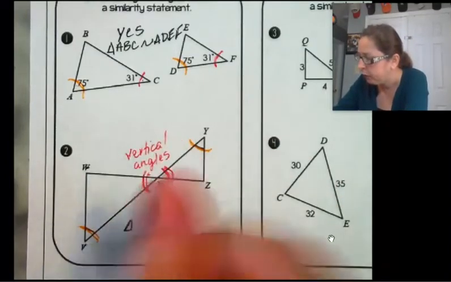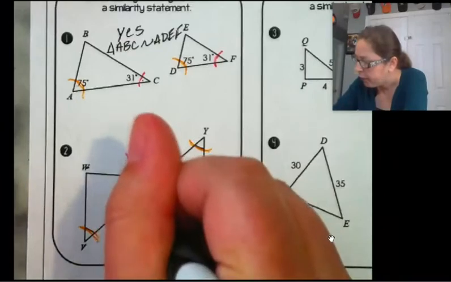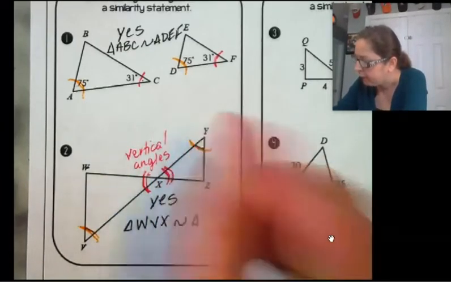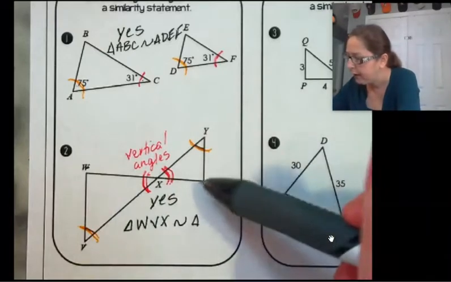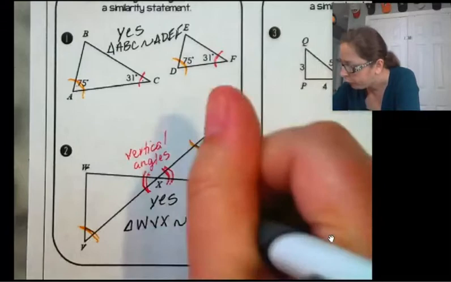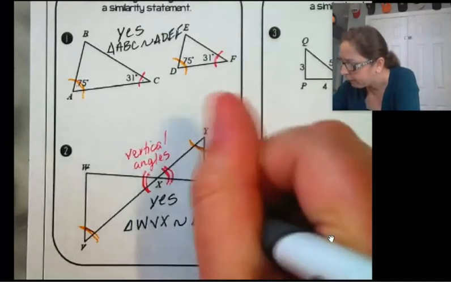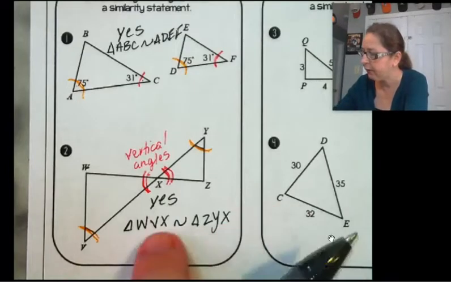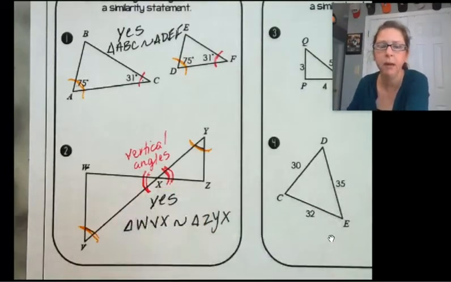Go to orange, go to red. So WVX is similar to, again, blank, orange, red. And so they both ended with X because that's the red angles that match up. So color coding can totally help you here.